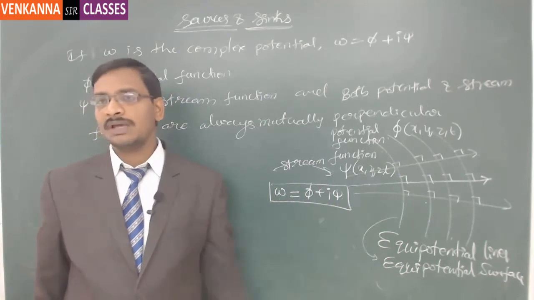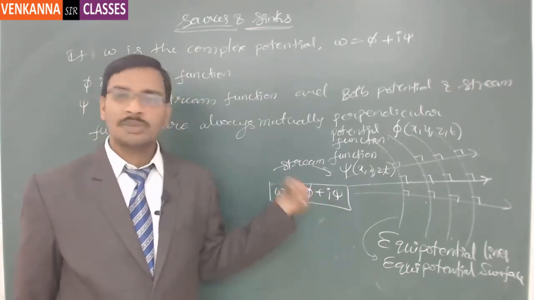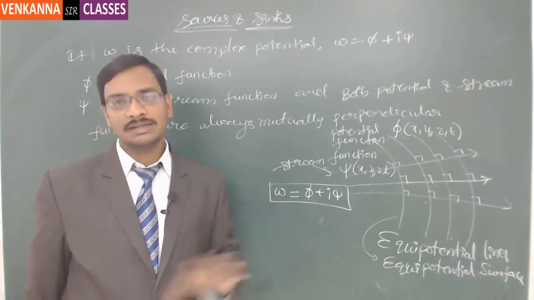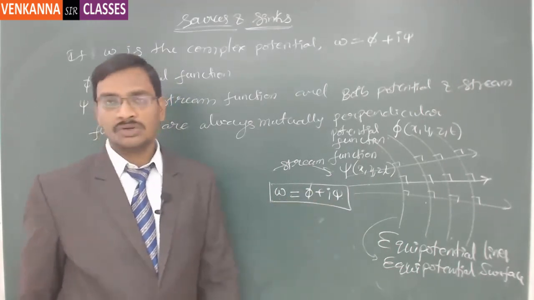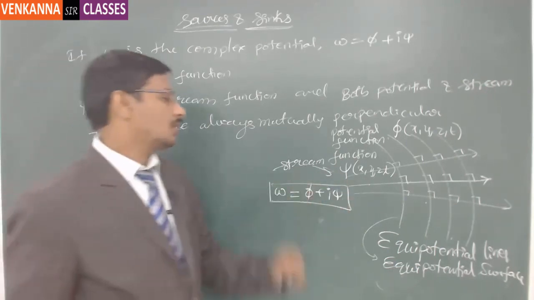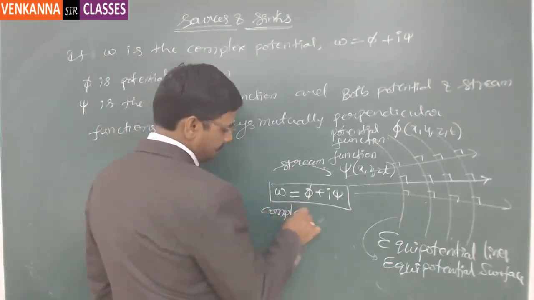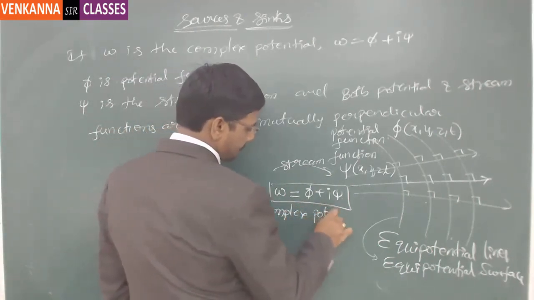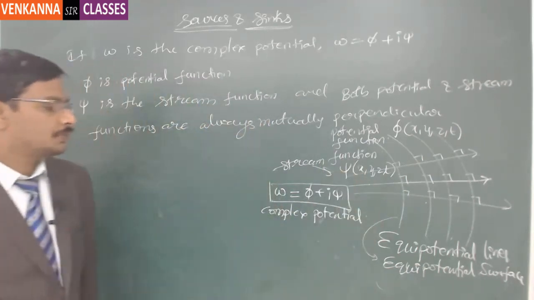That potential may be electric potential, gravitational potential, or a fluid potential. It is exactly the same analysis. That's what we are going to do in any physics problems dealing with fields, right? So this is what we call the complex potential.